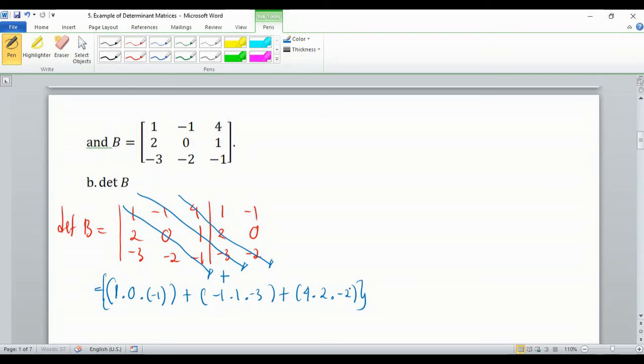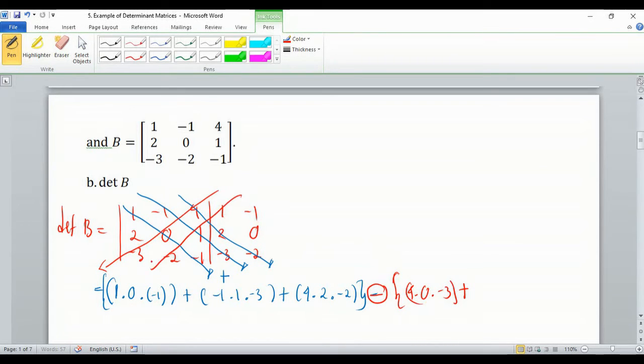How about negative? So we can write the negative, let me put minus in here, but we are using the bracket. So remember, from this one, top right to bottom left, it's equal 4 times 0 times minus 3. It's also plus because we already put the minus.